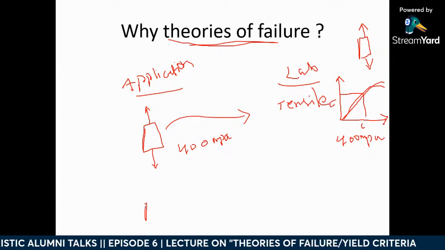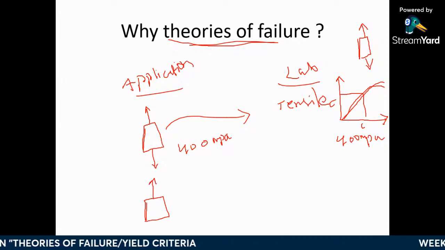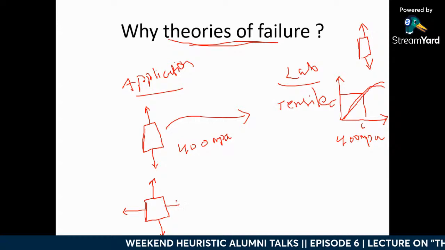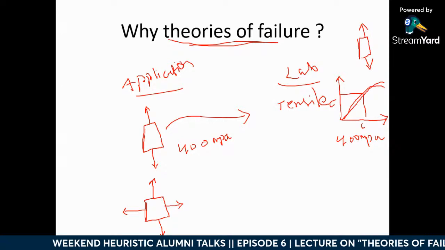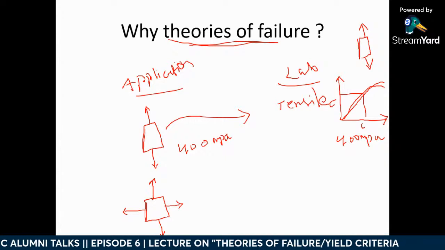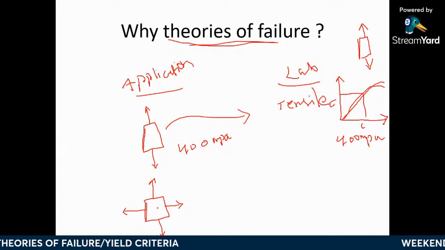Let's take another case. The second customer has come, where in his application the stress is like this: normal stress in this direction, and in this direction also there is stress. He wants to know the limiting value, up to what stress he can use this material safely without plastic deformation.